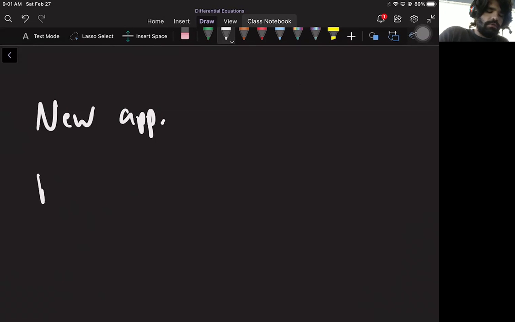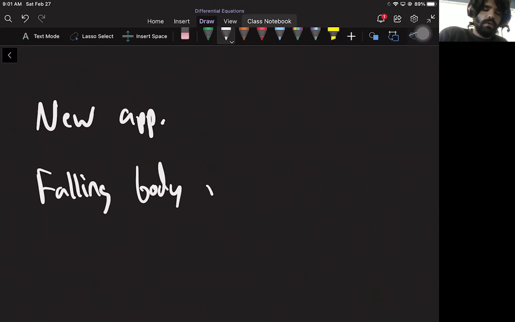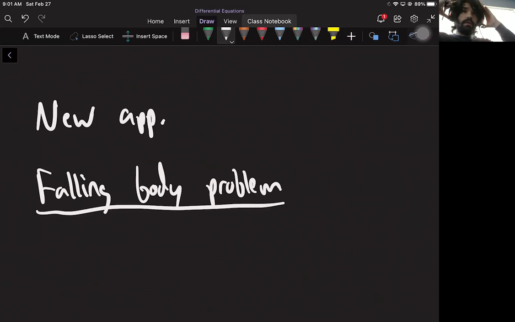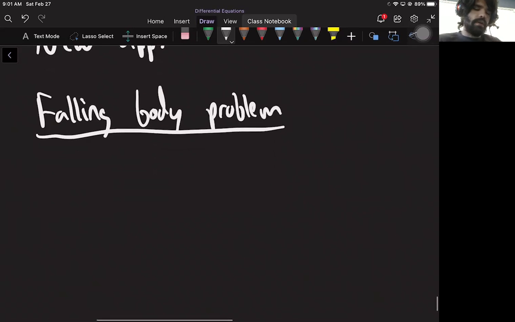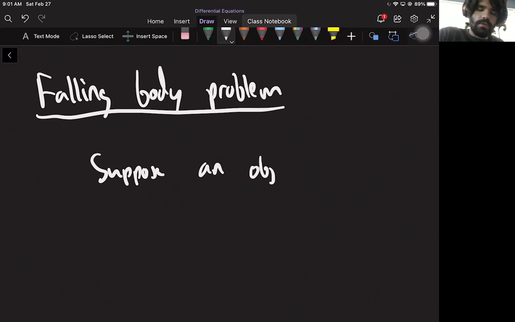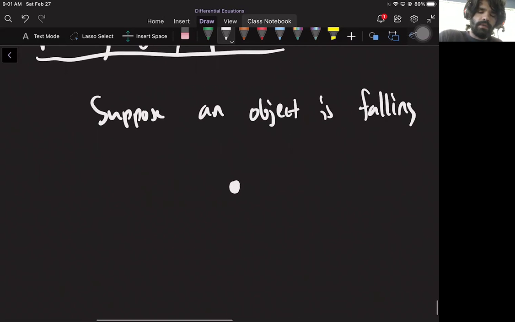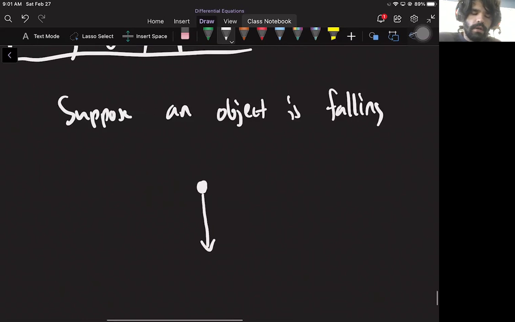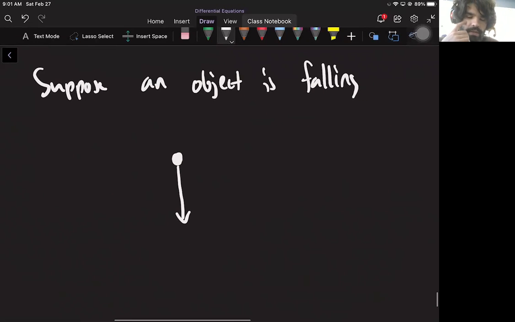So this is called the falling body problem. You may have studied something like this in a physics class. And in physics, in basic physics, at least when I took it, you suppose an object is falling, and maybe you draw a little diagram like this. The dot is the object, and you draw a little arrow going down. And what do you need to know about the object?